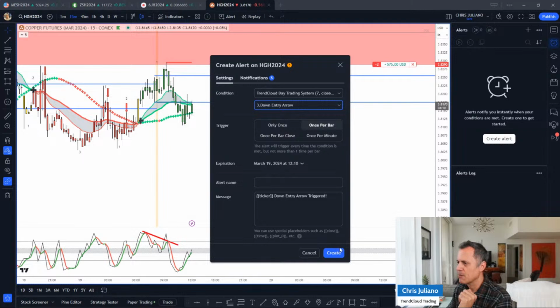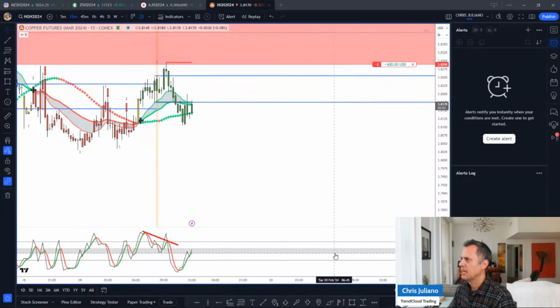Down entry arrow. And we can click here and name it trend reversal, right? Create, and it's going to pop up right in here.